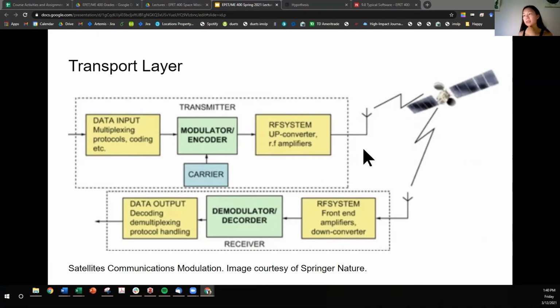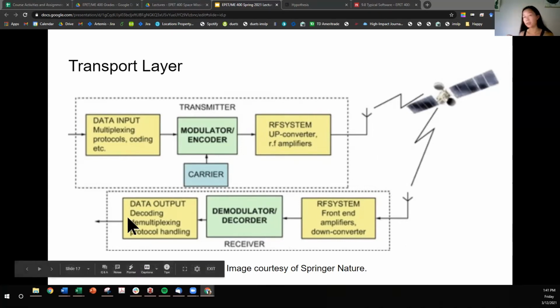So we cover this in the satellite communications subsystem, where the data link layer transfers to a form that can be transmittable through RF. And then the actual layer is right here across space, and then it's received at a ground station.